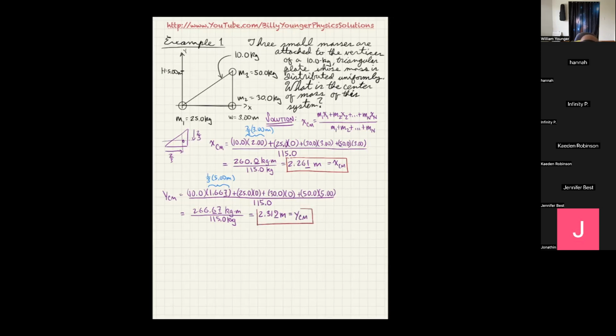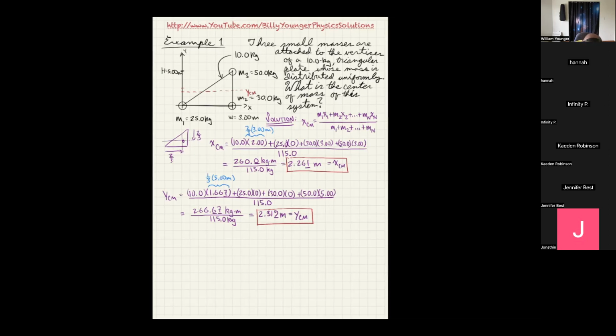So that's our answer. In fact, what we're looking at here is, if this thing's supposed to be 5, then 2.319 is quite a bit less than midway, and midway is roughly here. So maybe the YCM is along that line.